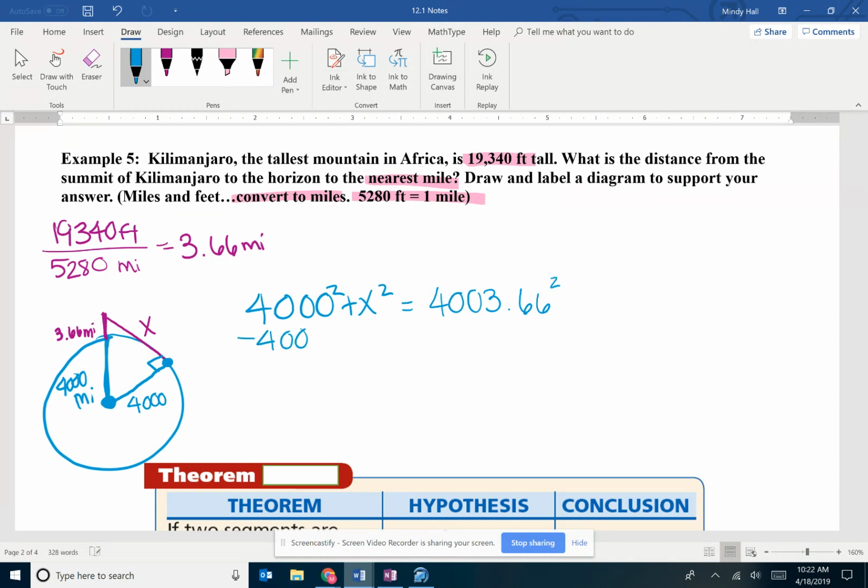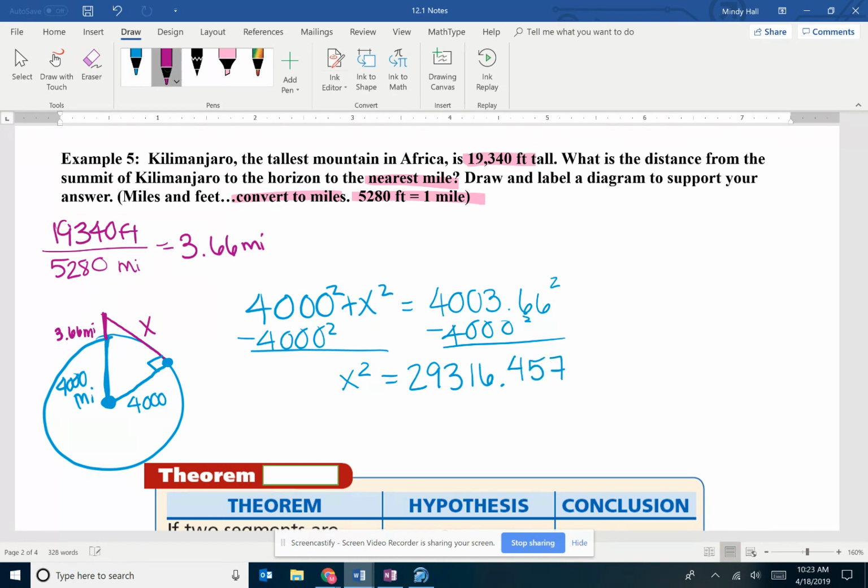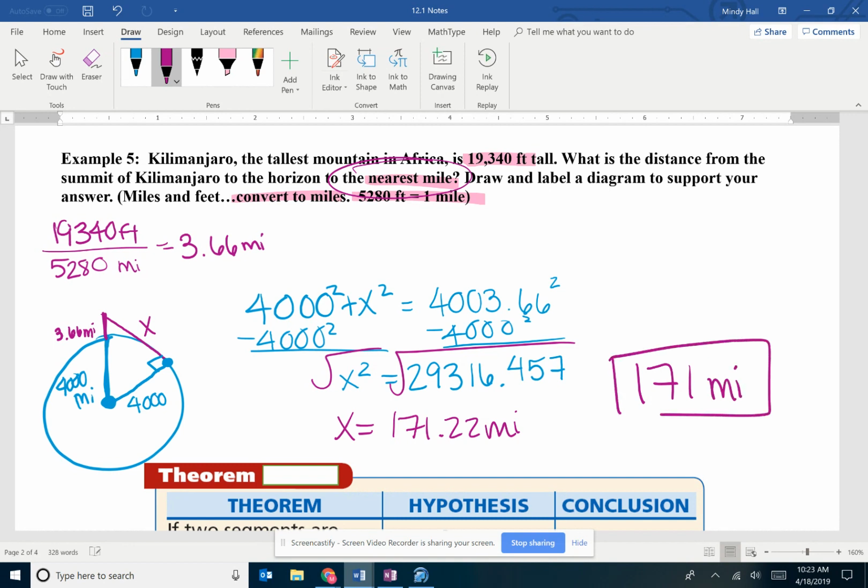Then when you subtract 4,000 squared, you end up getting that x squared equals 29,316.457. So when we take the square root, we would have x equals 171.22. So then nearest mile again is going to be 171 miles. So from the top of Kilimanjaro, you can actually see out 171 miles to the horizon.